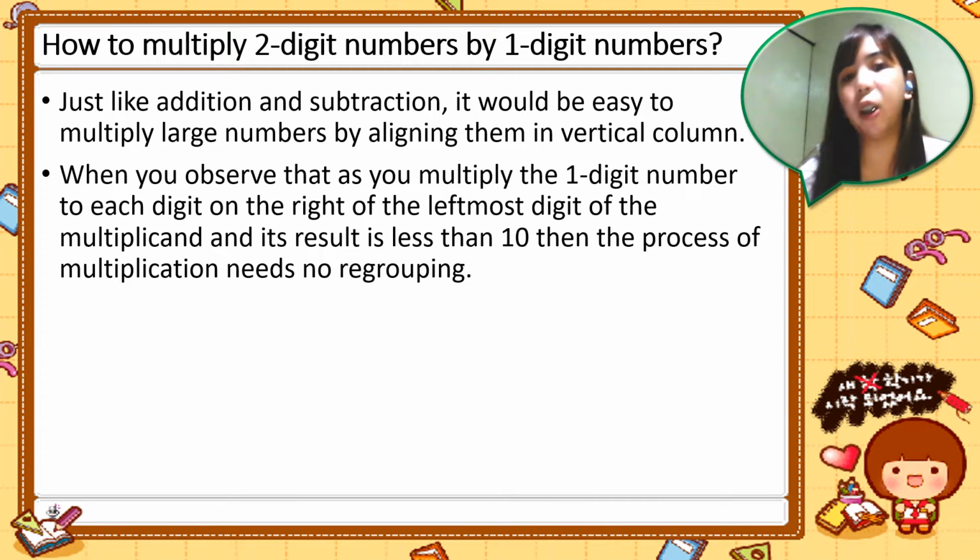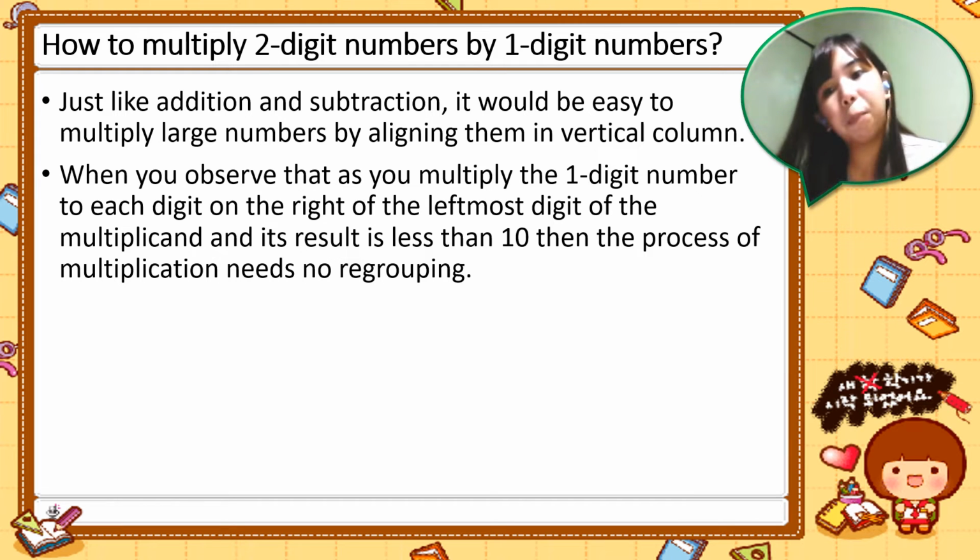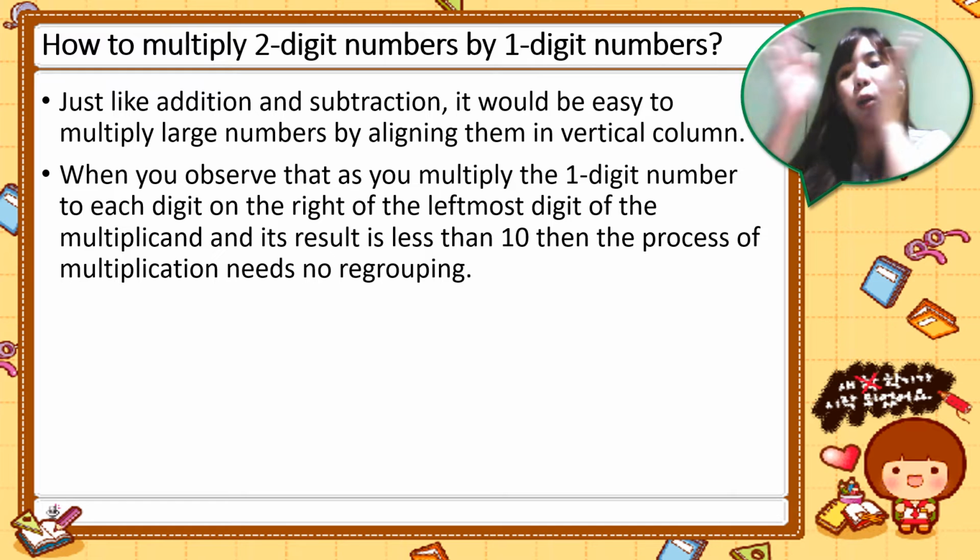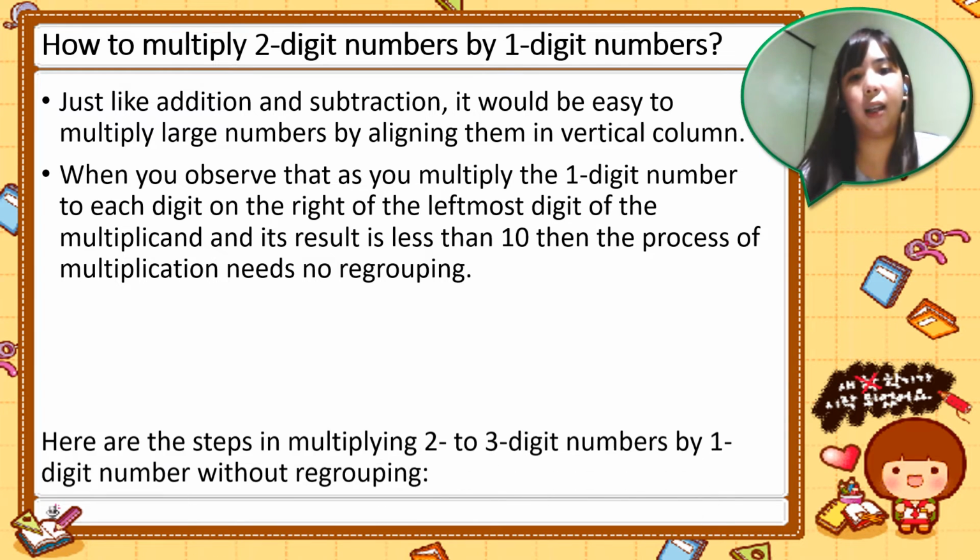Second, when you multiply the one-digit number to each digit on the right of the leftmost digit of the multiplicand and its result is less than 10, then the multiplication needs no regrouping. So pareho sa mentioned ko kagina, when we multiply, we start with the ones, going to the tens, going to the hundreds. Okay.